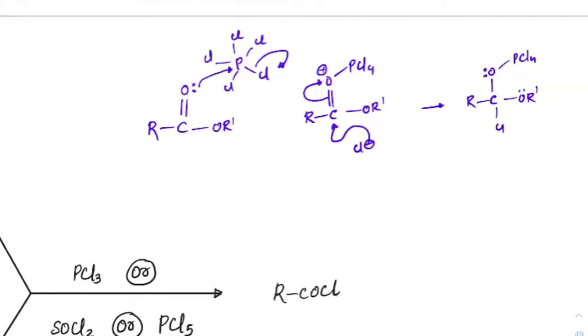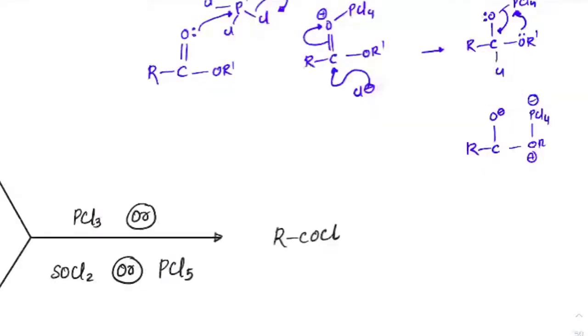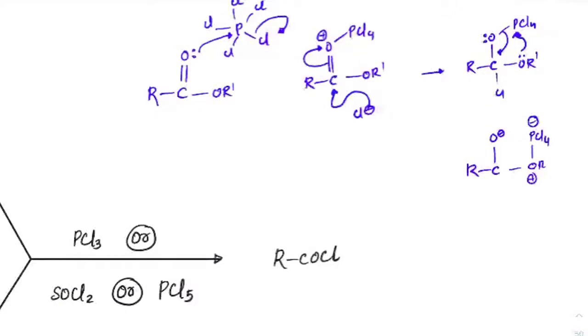Then the lone pair from here will attack here, removing this. So we'll get this as R C O minus OR with PCl4 plus, Cl minus. This will close as a double bond. This bond will be left. So basically we will have RC double bond O Cl formation in all of these cases.